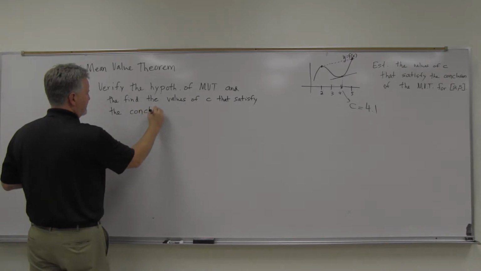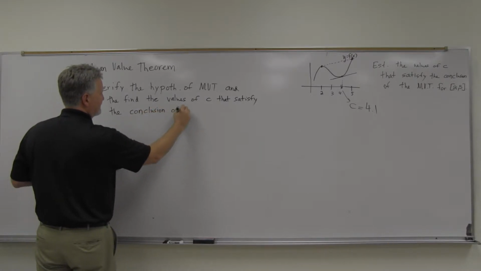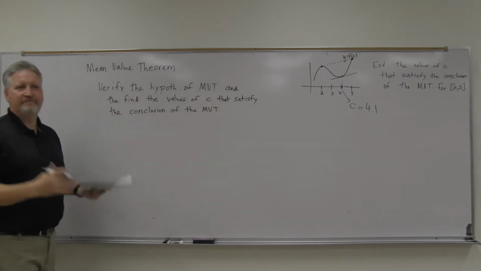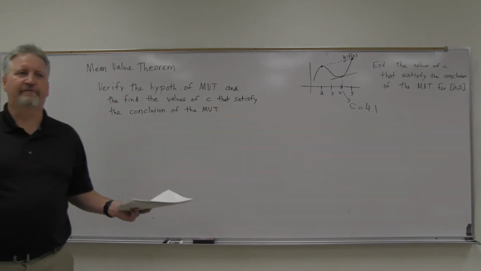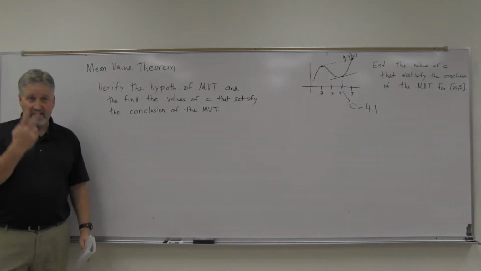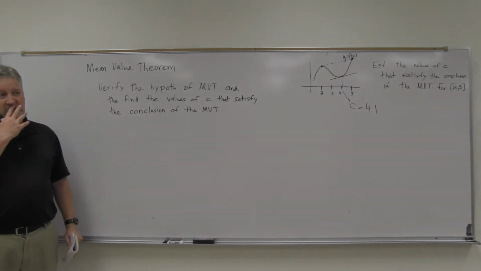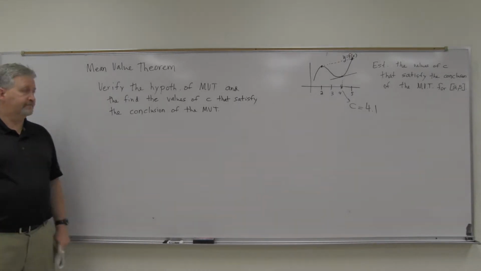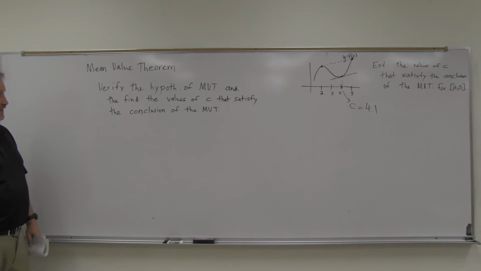A little wordy. But same idea as we were doing with Rolle's theorem. Verify the hypotheses, because like I said, you've got to have both of them for the mean value theorem to work before you can go to the conclusion. Draw your conclusion there. Have a valid conclusion.